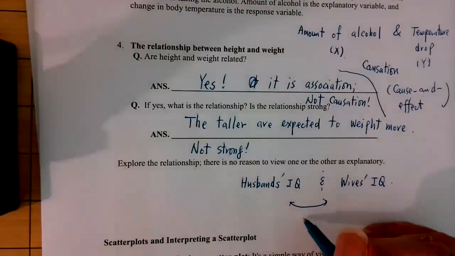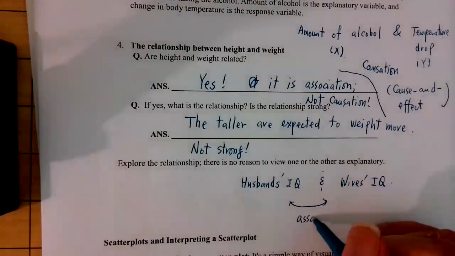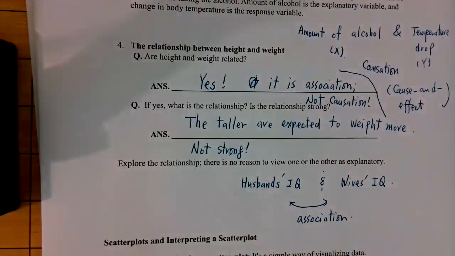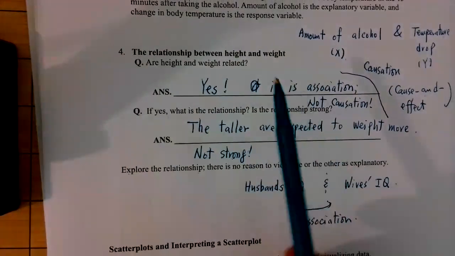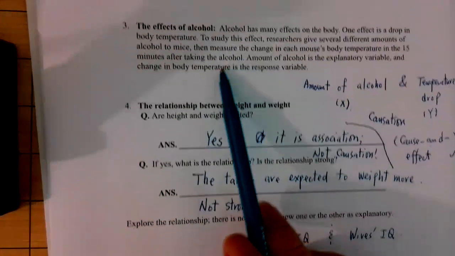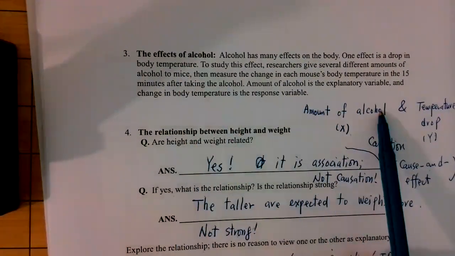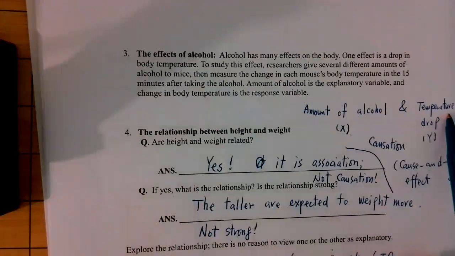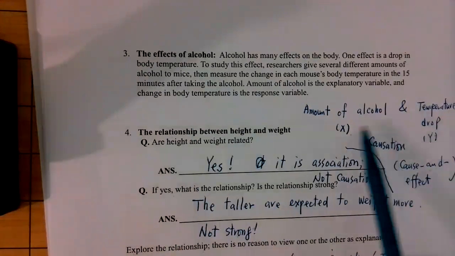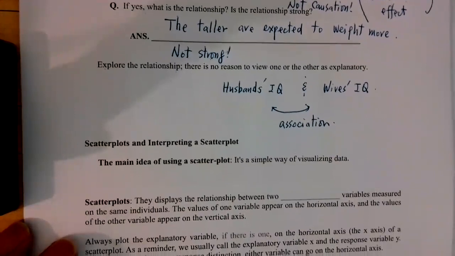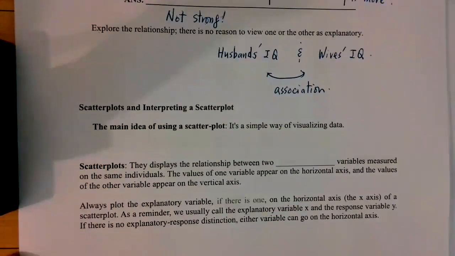The relationship is just association. Okay? But like example 3, if you apply more alcohol, then you're going to see what? More body temperature dropped. This is causation. But this one is just what? Just association. Okay?